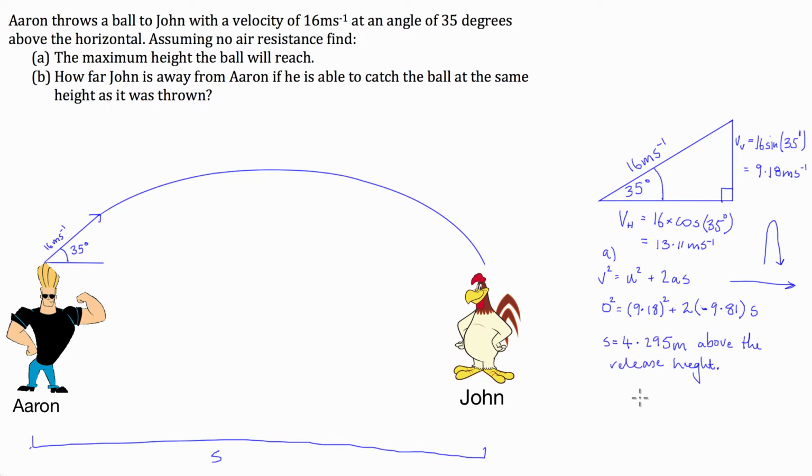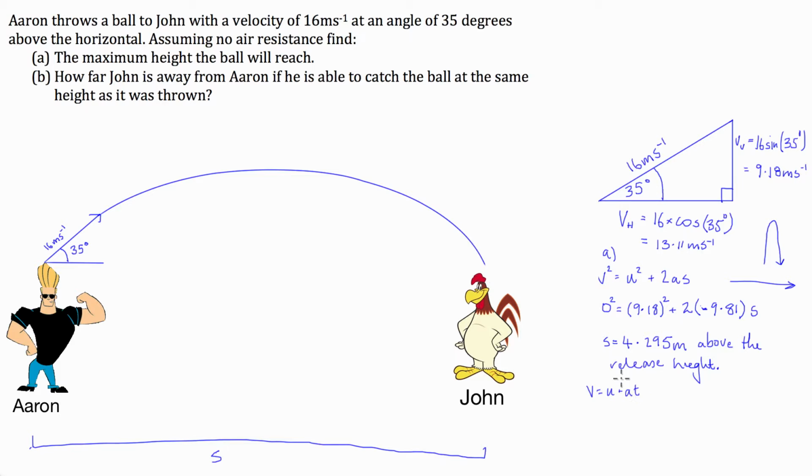Cool. So what we're going to do is find the time. So the time, we're going to use the formula V is equal to U plus AT. Obviously, again, that's final velocity, initial velocity, acceleration, we're going to use the acceleration due to gravity, and the time.